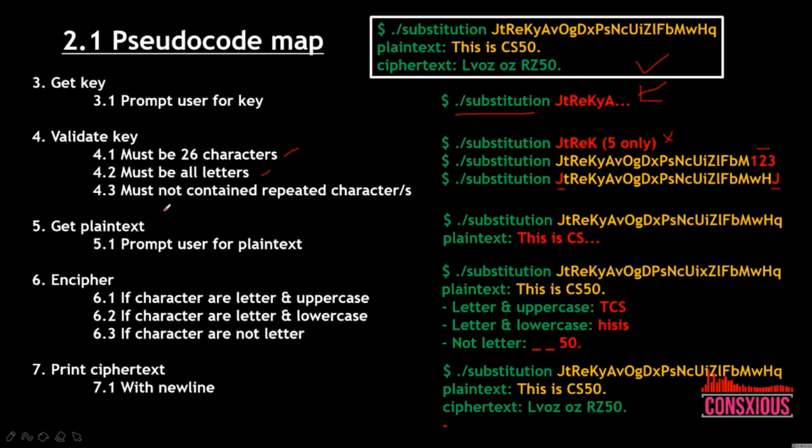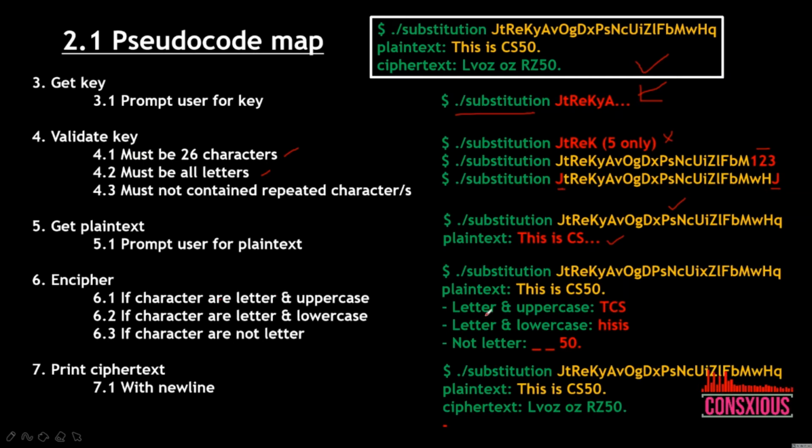After that, we have to get the plaintext from the user. This is the key, and this is the plaintext. After that, we go through the encipher process, which is also divided into 3 categories. First, we have to determine whether the characters are uppercase letters, lowercase letters, or non-letters.